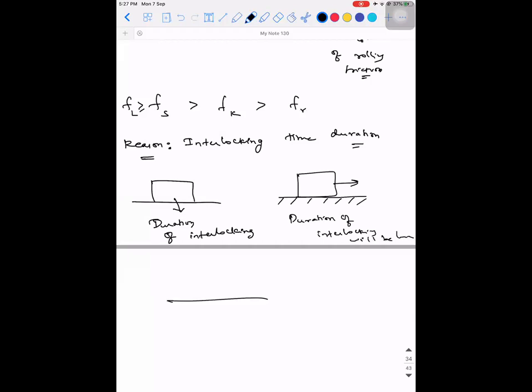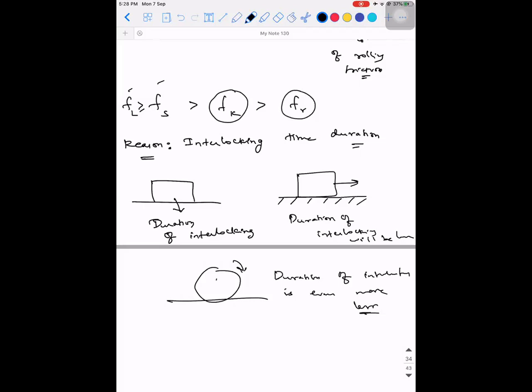Similarly, when the object is rolling, the duration of interlocking is even less. As a result, FL will be greater than or equal to Fs, which for sure is greater than Fk, which should be greater than Fr. And the reason is given here.